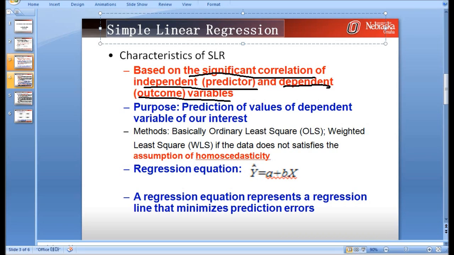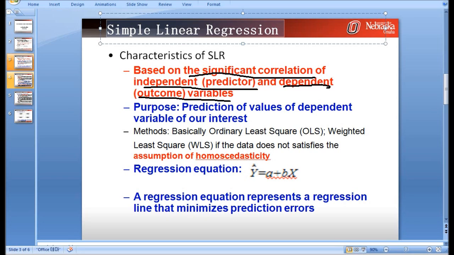The difference between a correlation analysis and a simple regression analysis is that while the correlation does not distinguish between independent and dependent variables, in a regression analysis there is always a designated predictor variable and a designated dependent variable.